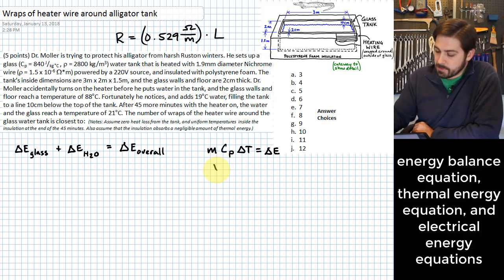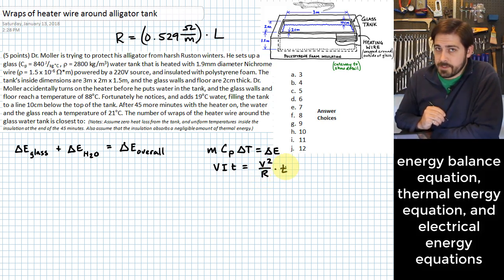Sometimes we've expressed that as V times I times T. In our case, we're probably wanting to relate this to the voltage that's given and a resistance value. And if we remember another expression for power, instead of V times I, we can use V squared over R times T. And this is an expression of how much electrical energy has been introduced into the system.